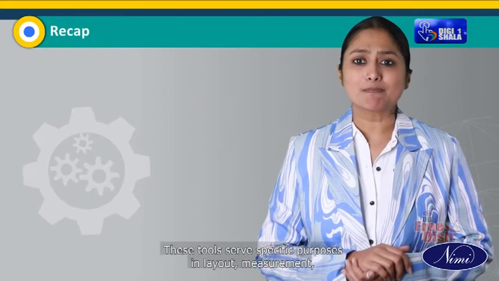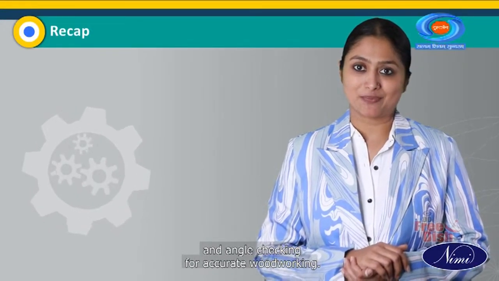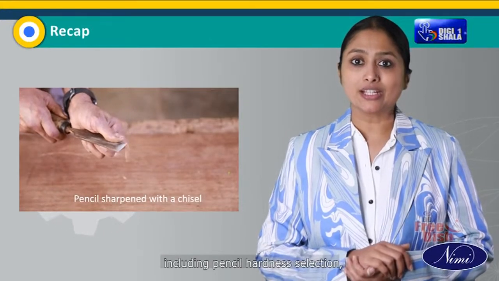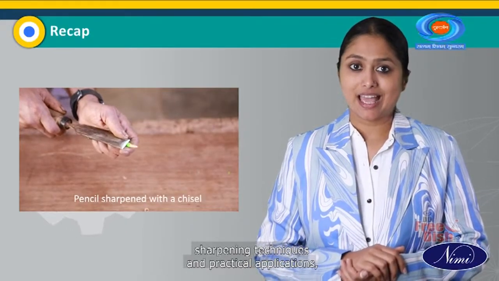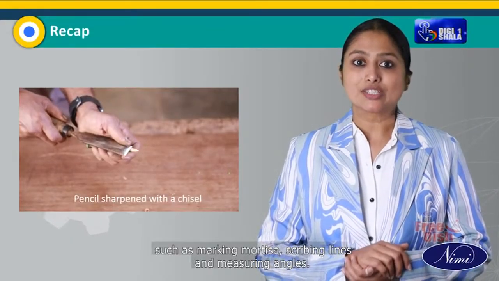These tools serve specific purposes in layout, measurement and angle checking for accurate woodworking. The session emphasizes proper tool usage including pencil hardness selection, sharpening techniques and practical applications such as marking mortises, scribing lines and measuring angles.